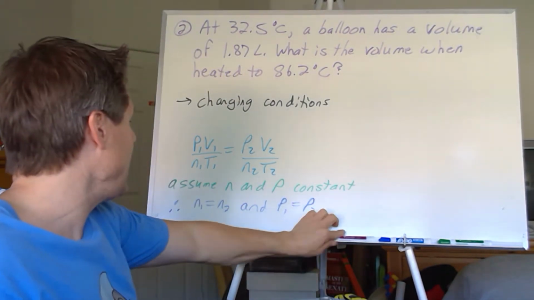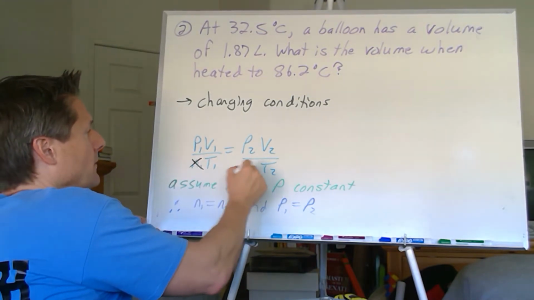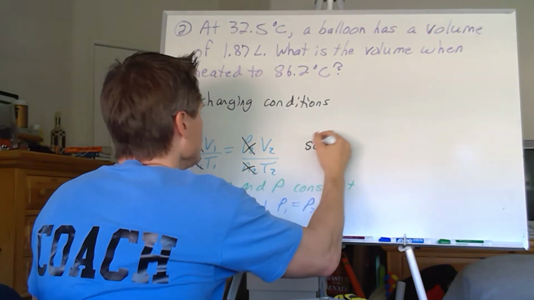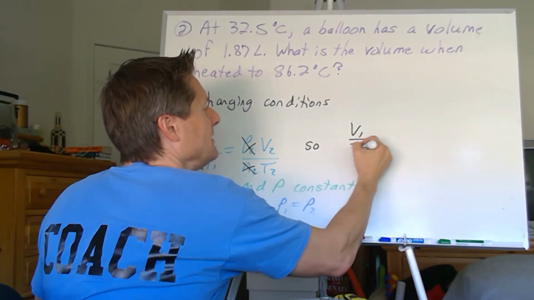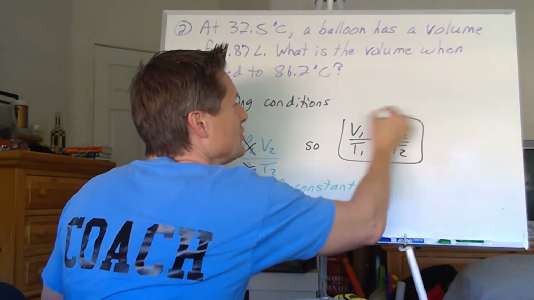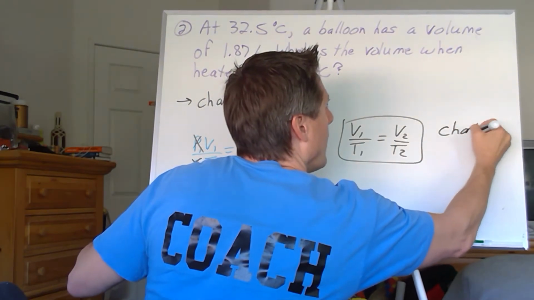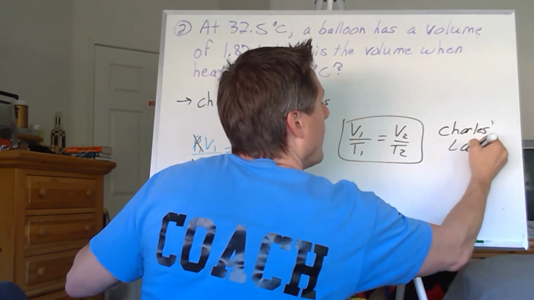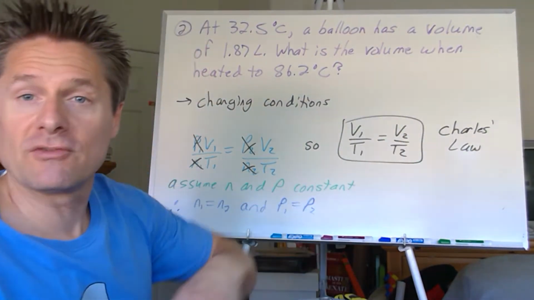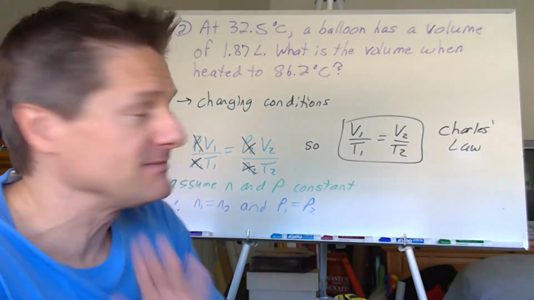If that's the case, then N drops out, P drops out, so we get V1 over T1 equals V2 over T2, and that is Charles' law. Right? So when the pressure and moles are constant, you end up with Charles' law, the hot air balloon Frenchman, back in the late 1700s.